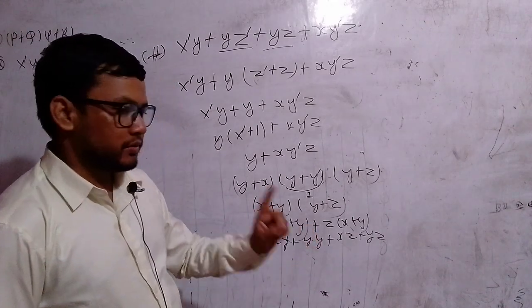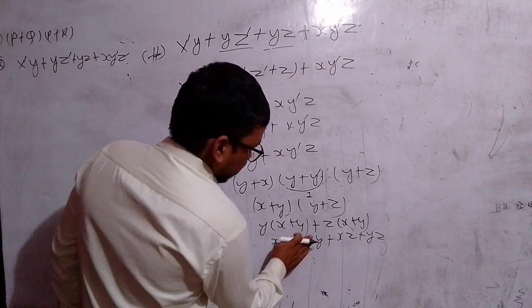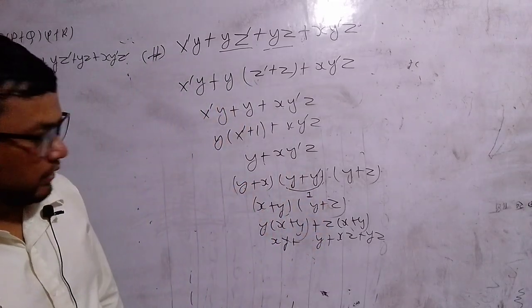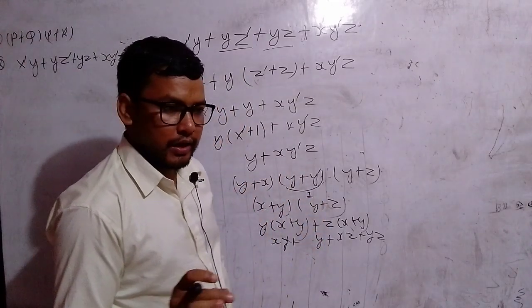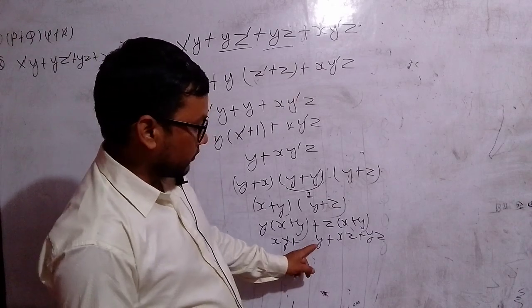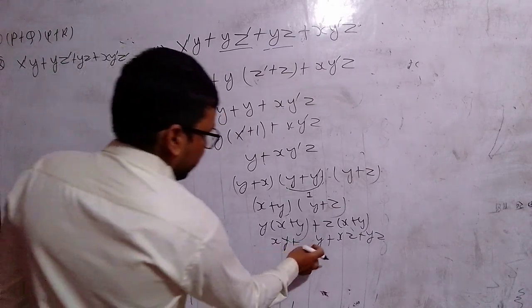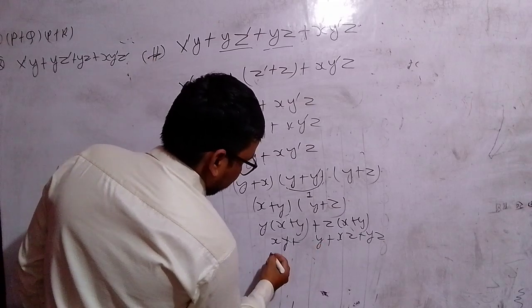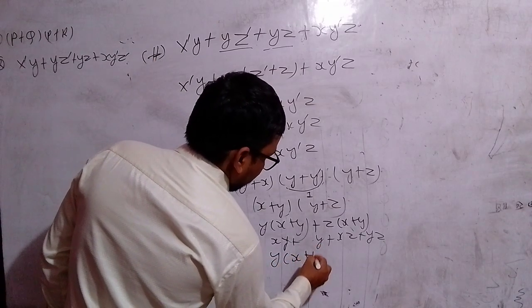Now Y dot Y gives a single Y, because A dot A gives A: 1 dot 1 gives 1, 0 dot 0 gives 0. That means Y dot Y gives Y. Now we can take Y common from here: Y times X plus 1.